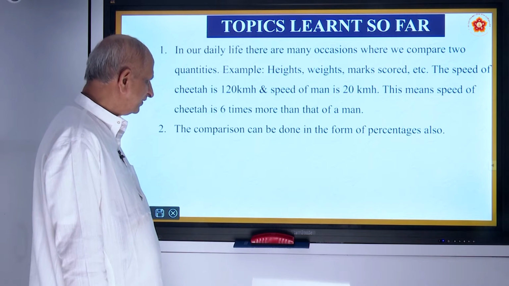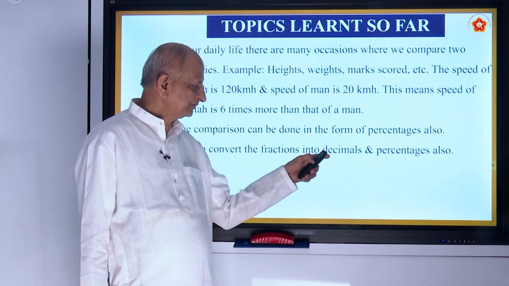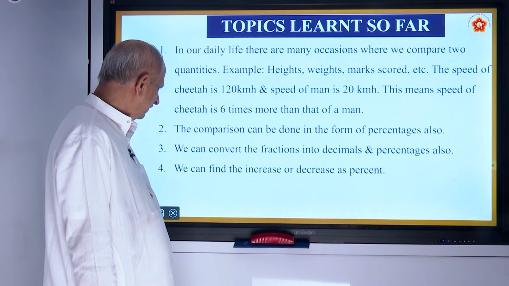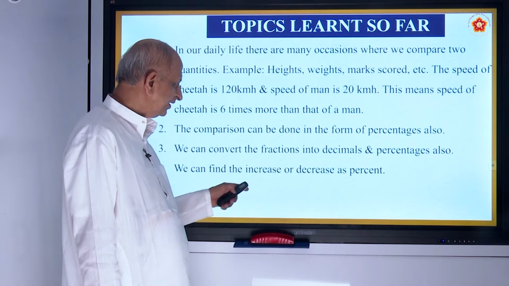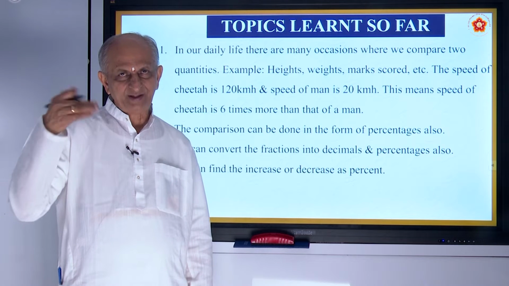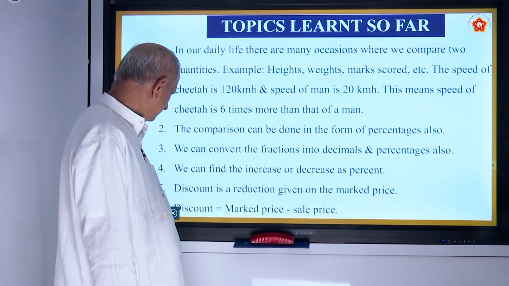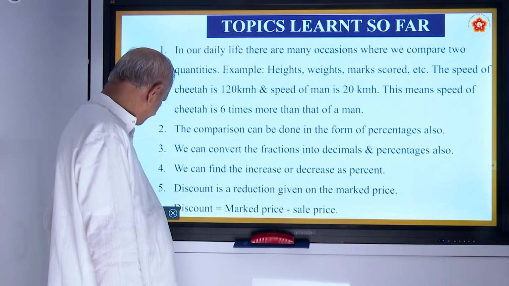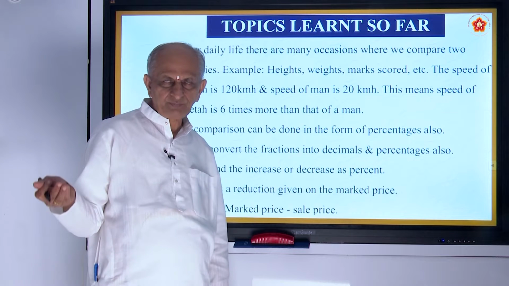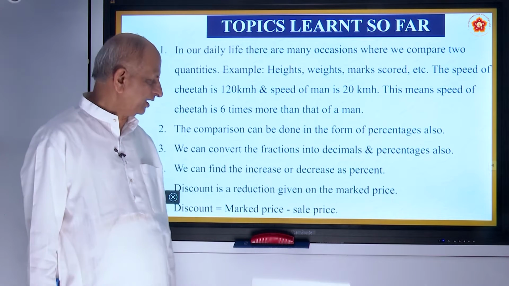So it can be in percentages also, and you can convert the fractions into decimals and percentages also. And we can find the increase or decrease as percent. The cost may increase or decrease, and that can be converted into percents.